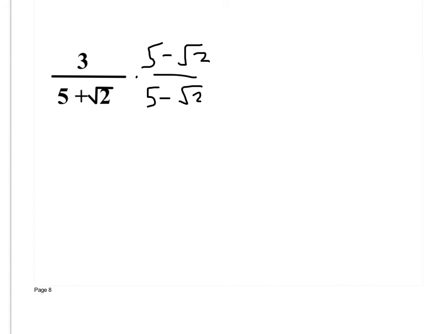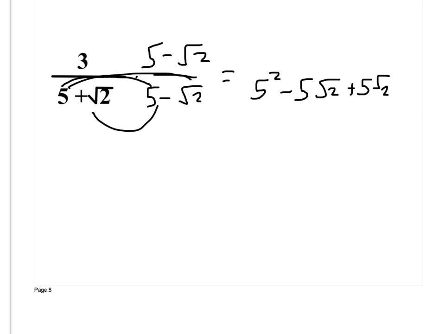If you FOILed it, you would get 5 squared. And then you would get negative 5 square root of 2, and here you would get positive 5 square root of 2, and you would get square root of 4. All over what's on top, which is 3 times 5 minus square root of 2.